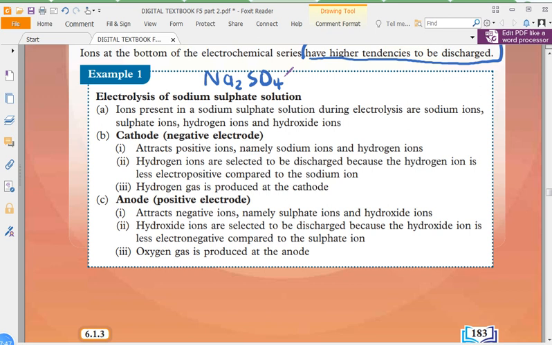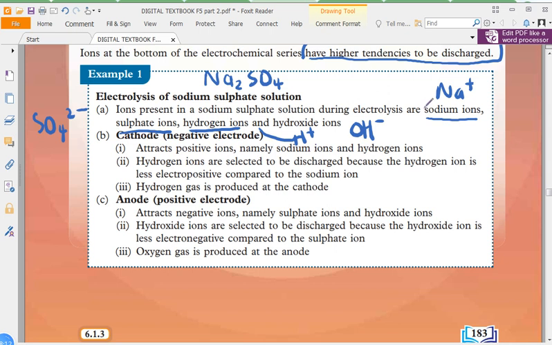Okay, sodium sulfate. Ions present in the sodium sulfate solution during electrolysis are sodium ion, Na plus, sulfate ion, SO4 2 minus, hydrogen ion, H plus, and also hydroxide ion, OH minus. Okay, so now second step. For cathode, which is negative electrode, it will attract positive ions.